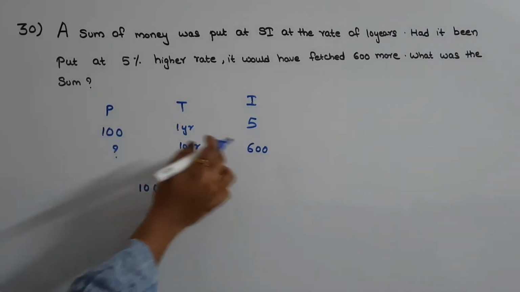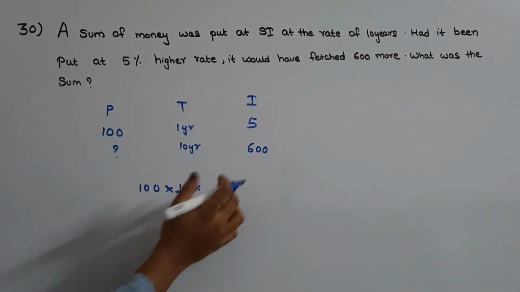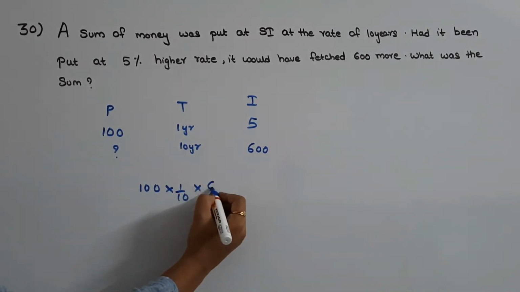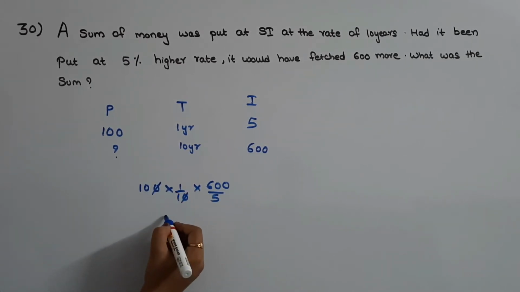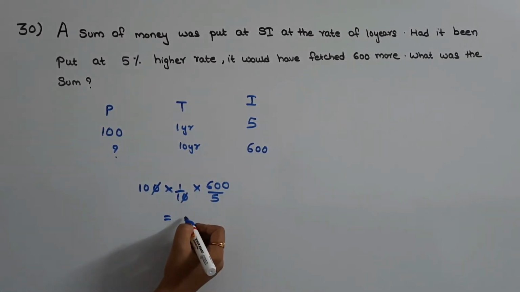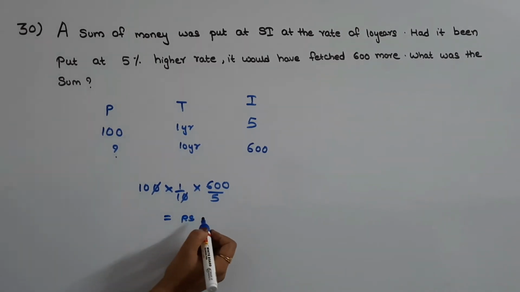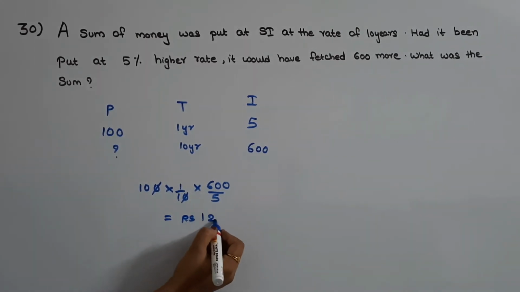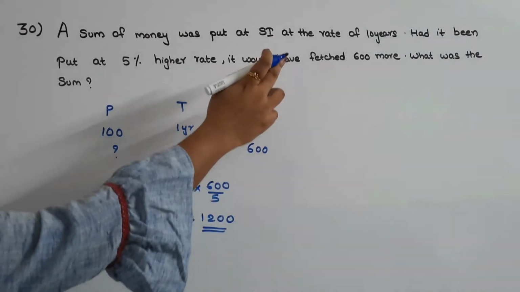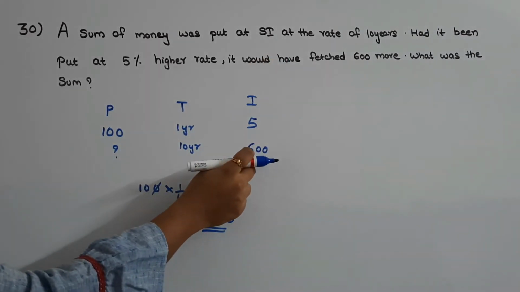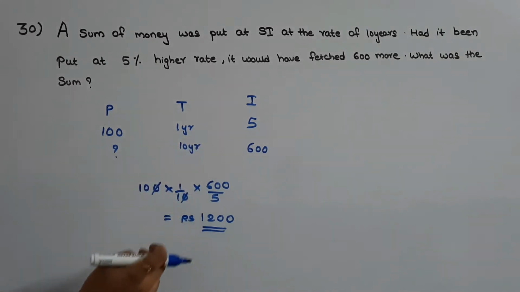Hence, cross multiply, that is this into 600 by 5. That is equal to rupees 1200. So, this is the principal when the increase in the interest is 600 and the time period is 10 years.